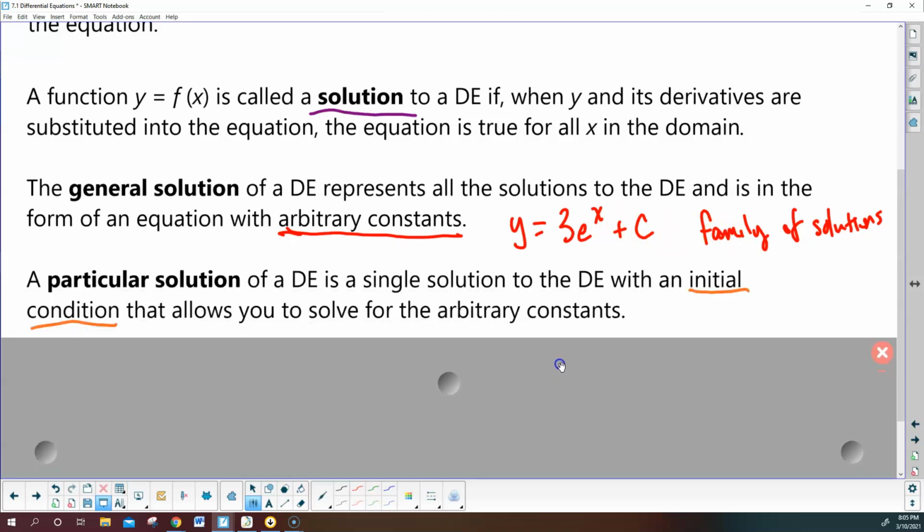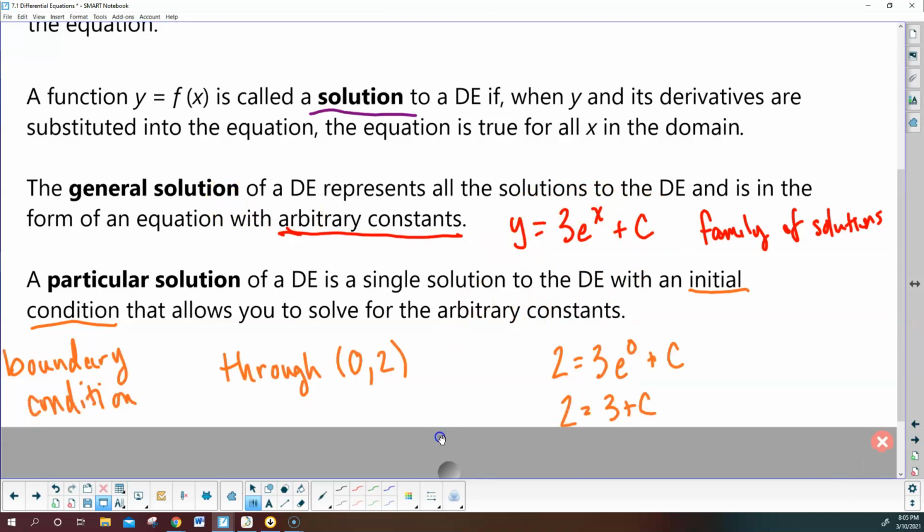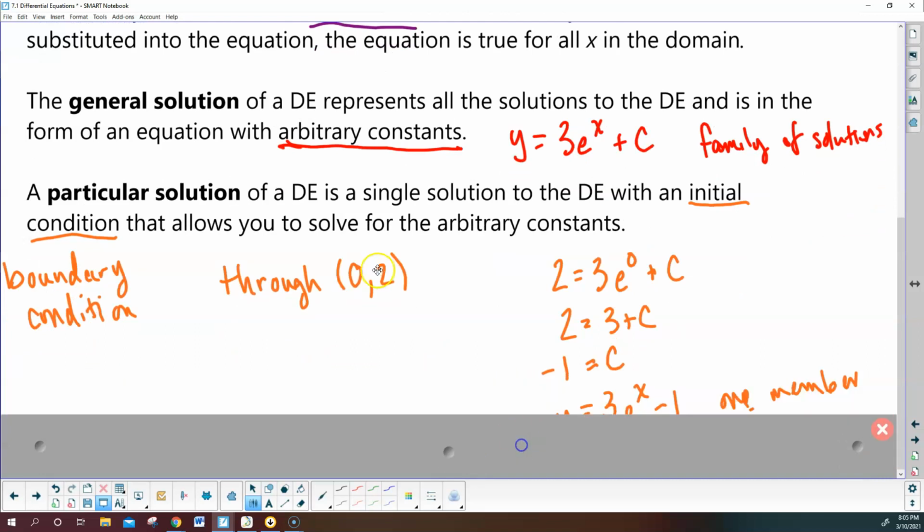Then we got more specific, and we called it a particular solution. A particular solution is when you use the initial condition, and that allows you to find the value of c. So let's say that I had this equation right here as a general solution, and then I told you, you know what? This function actually goes to the point (0, 2). Well, that's the spot where what do we do? We take the 0 and plug it in for x.